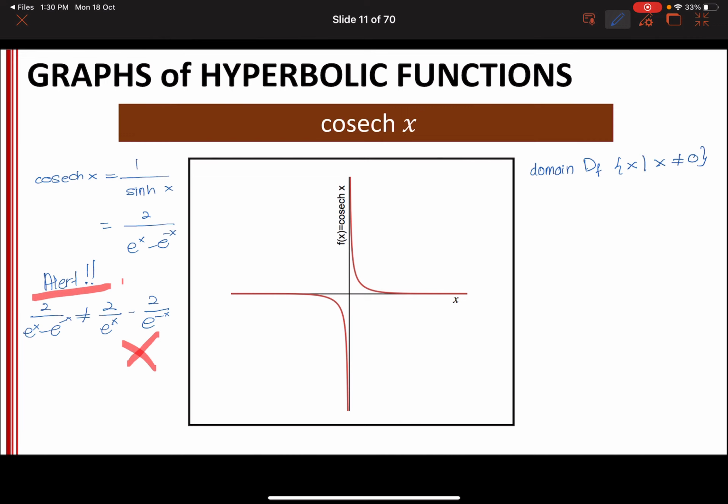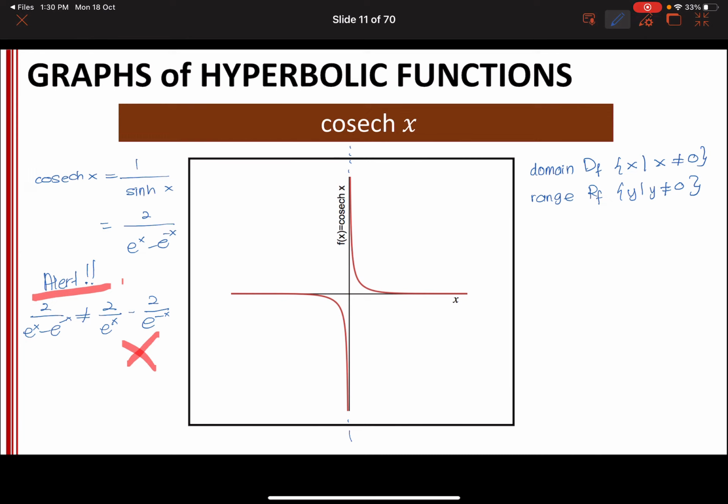So it is all real numbers except for 0, because you see that it is approaching 0, but it is undefined at 0. Similarly with the range, you can see that it's going up to infinity and down to negative infinity, but it is undefined at y equal to 0. So all values of y except y not equal to 0.